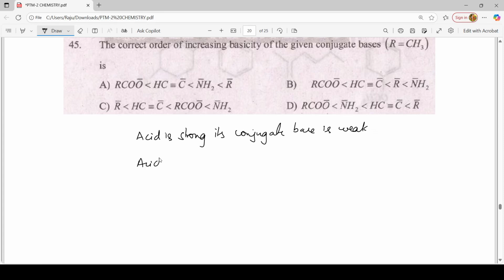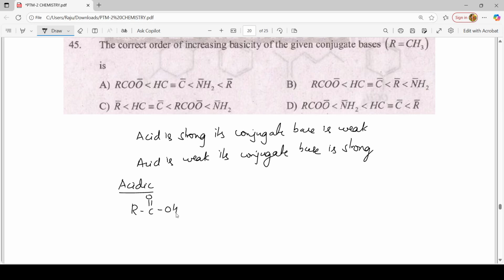If the acid is weak, its conjugate base is strong. Coming to the acidic character, carboxylic acid is more acidic than acetylene.